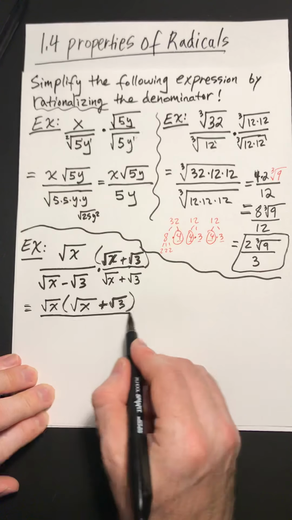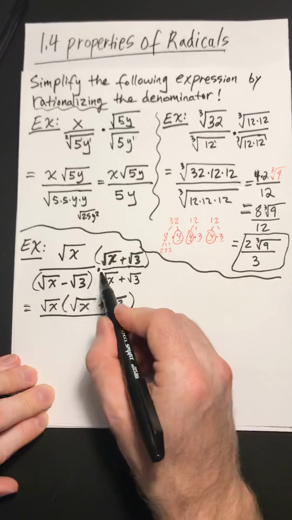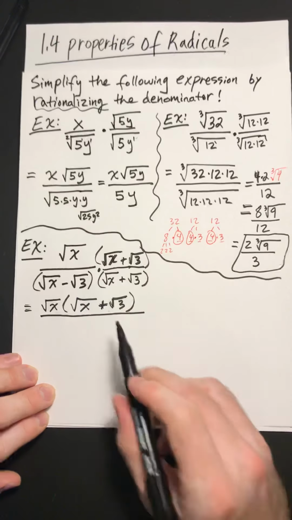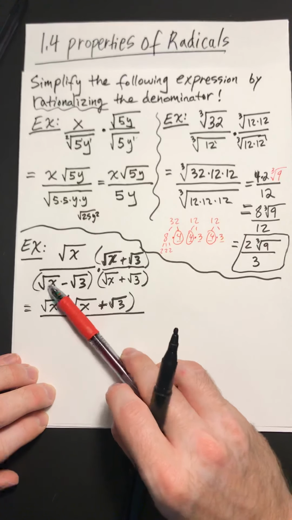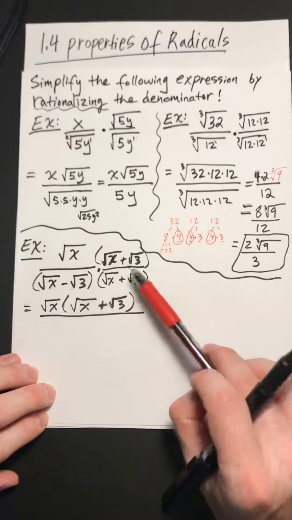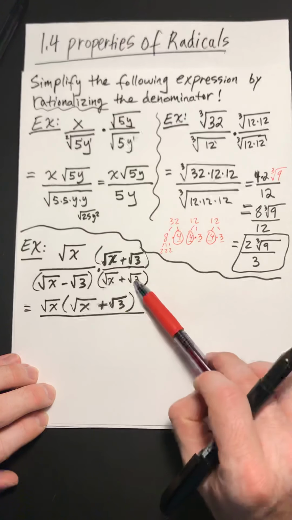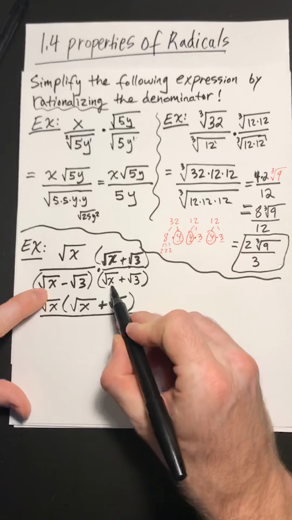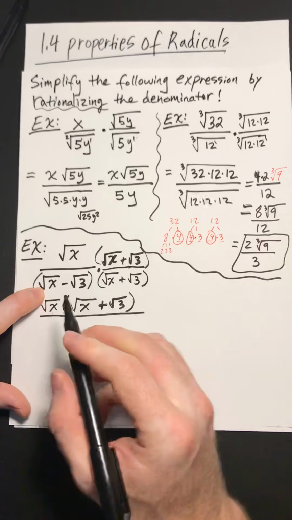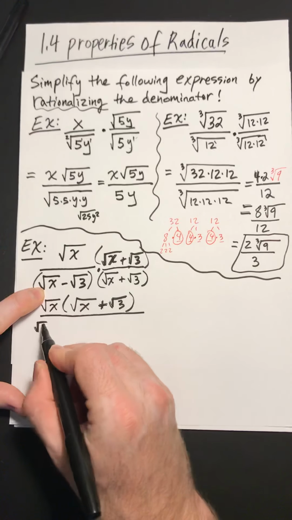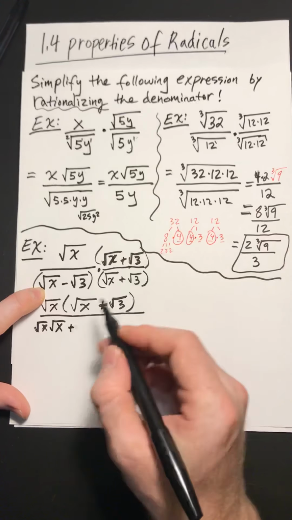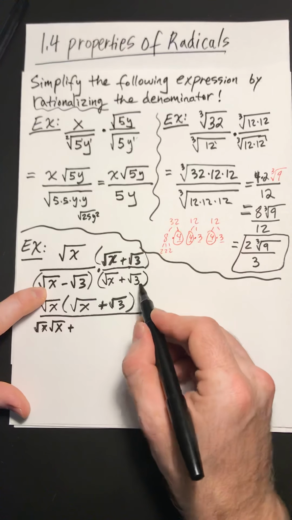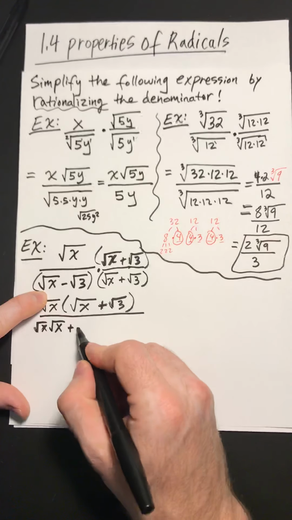And then the denominator, we're going to have to do double distributing, or sometimes known as FOIL. First, outer, inner, and then last. Okay, so if I multiply the first, that's square root x times square root x. And then plus outer, that's square root x times square root 3.